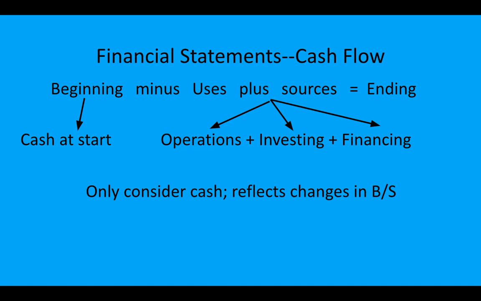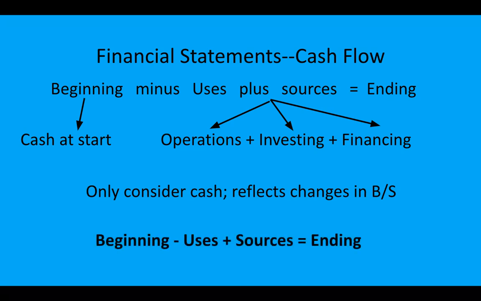Now, this is where it gets a little tricky, but if I've got accounts receivable, which means somebody owes me money, and those increase in value, people owe me more money at the end of a period than they did at the beginning, that takes cash, right? And so that has to be reflected in your cash flow statement. So beginning minus uses plus sources equals your ending balance.